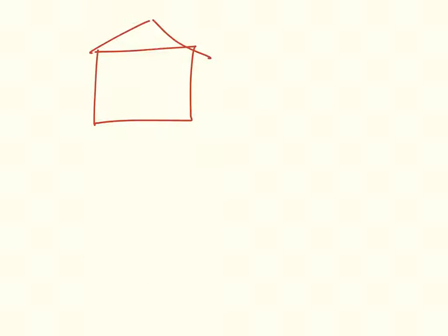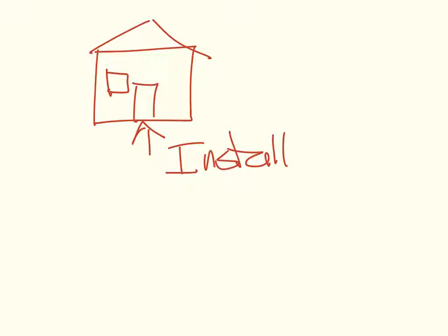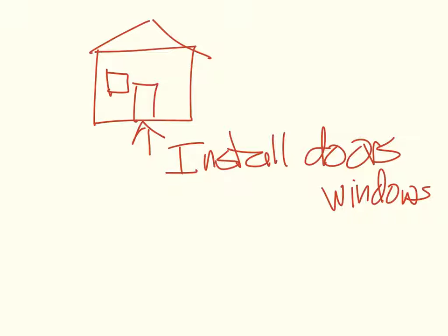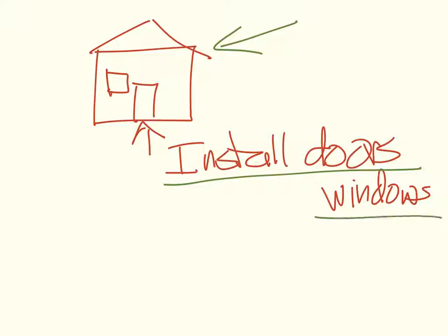That's our goal, to be able to build a house. An objective might be we need to be able to install doors and windows. I'm not writing the exact objective, but something to think about. Doors and windows. All right, so here we go. We want to be able to have housing, so we want to be able to build a house. In order to build a house, we have to be able to install doors and windows.